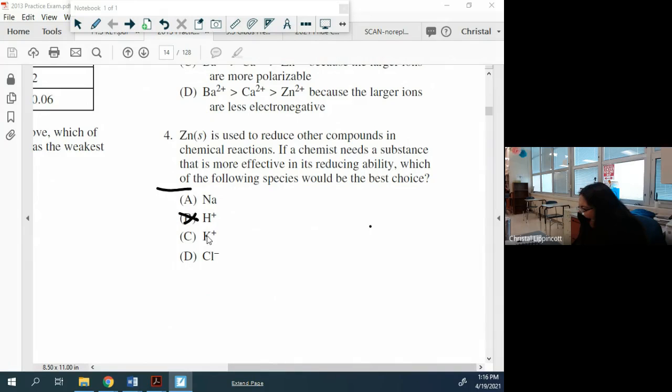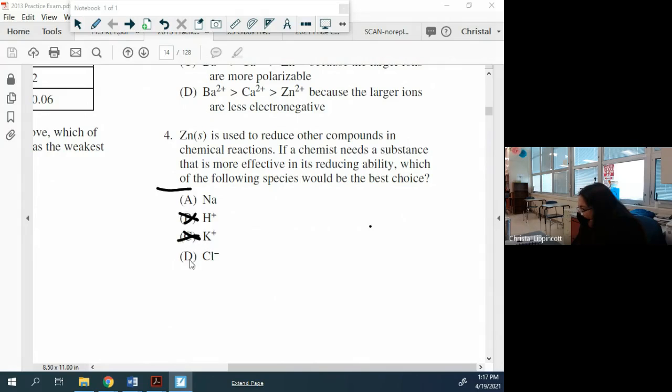Okay, this guy, if he tried to lose another electron, because remember, if we're trying to reduce something, that means this thing has to be oxidized, which means it has to lose another electron. He already has the electron configuration of a noble gas, so for him to lose an electron, that's probably not going to happen.